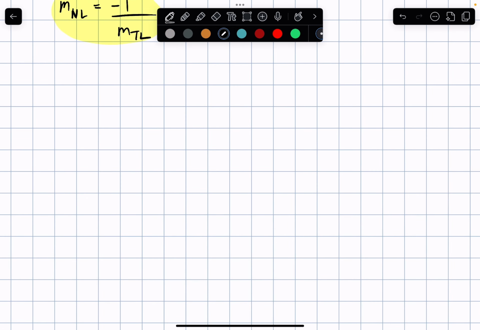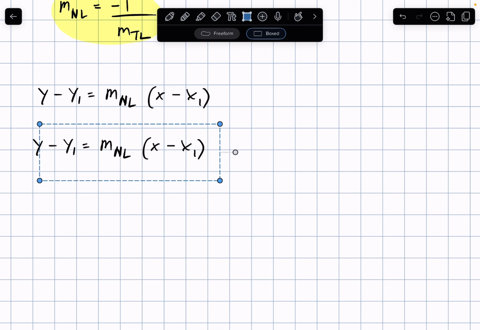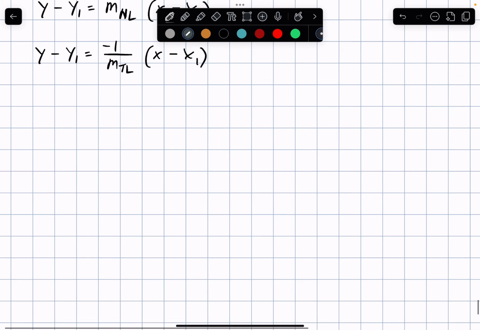We will be using point-slope form: y minus y sub 1 is equal to the slope of the normal line times quantity x minus x sub 1. In the same way, you can rewrite this in terms of the slope of the tangent line, and it's written as this. Let's try out an example immediately.